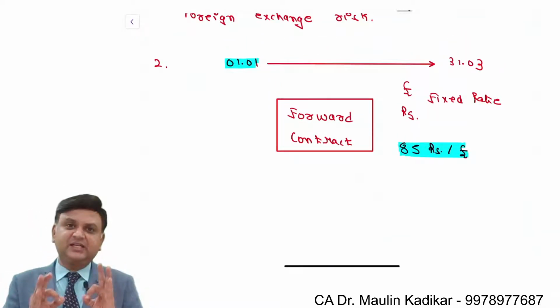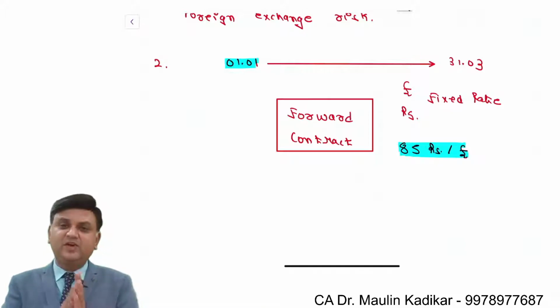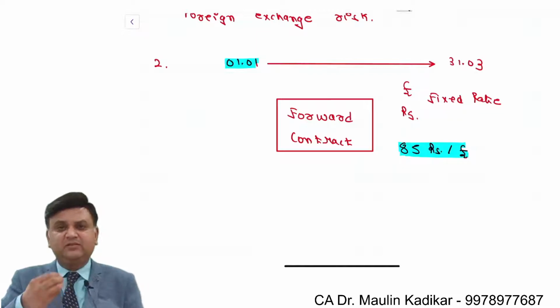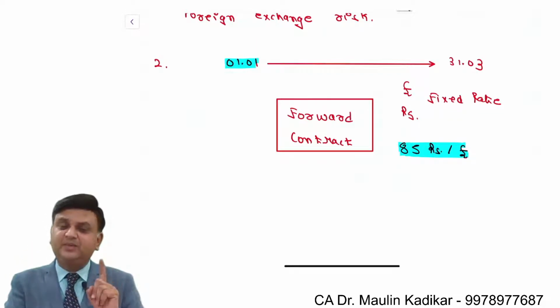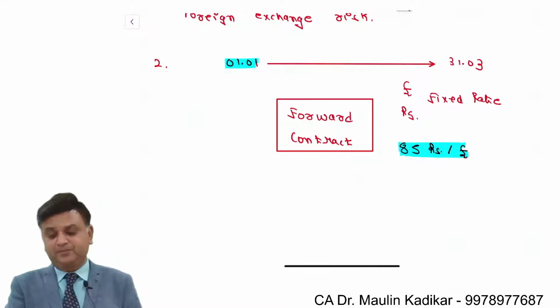Once this contract is entered upon, listen carefully, on 31st of March, whatever may be the spot exchange rate, the conversion will take place at the predetermined rate, that is 85 rupees per pound.